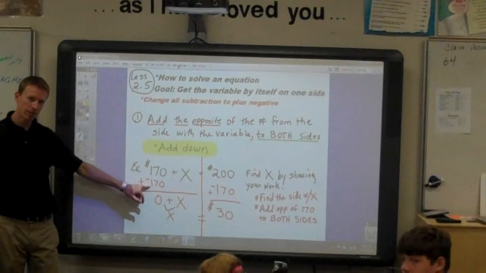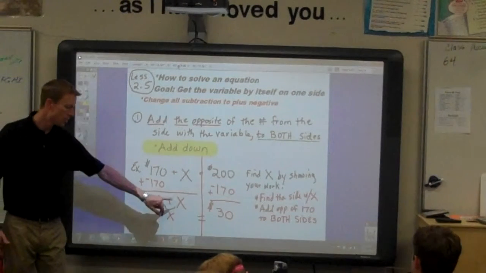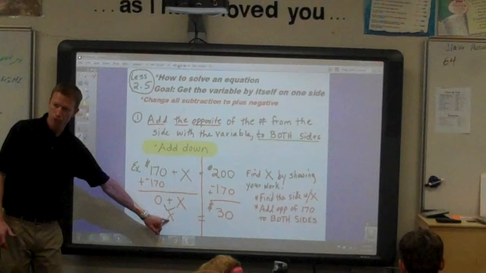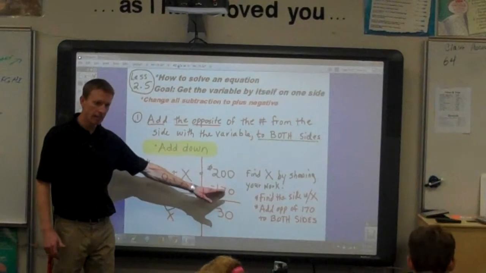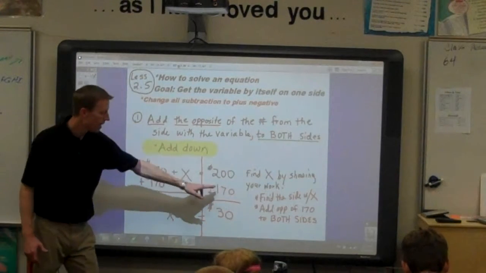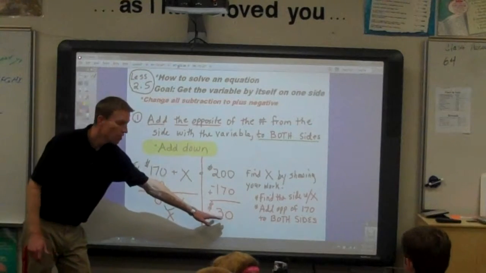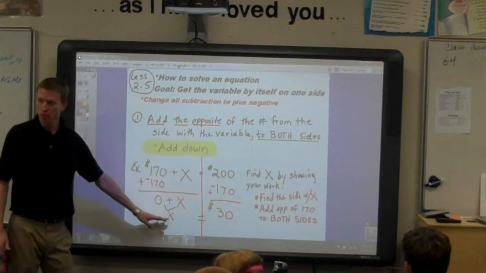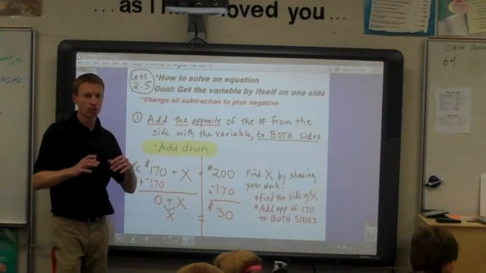By adding the opposite to get 0 on the same side as the variable, which leaves just the variable. And then on the other side, adding the same thing. If we add negative 170 on this side, we have to add negative 170 on this side, which proves that $30 is equal to X. That proves the answer. And that's what you're doing with solving equations.